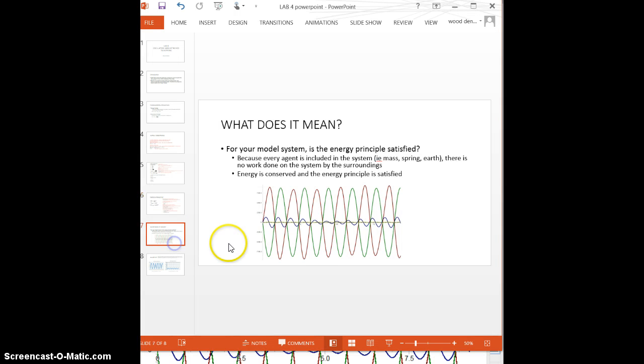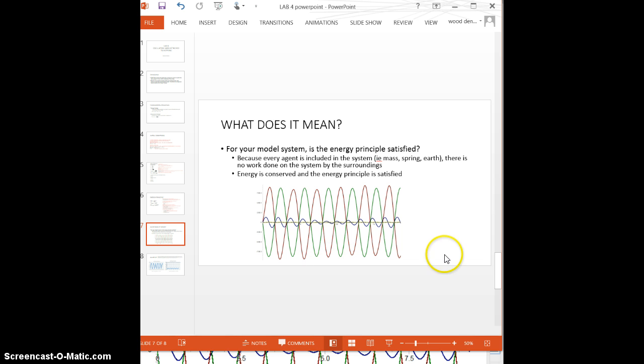If we go to this graph, we can see the blue line closer to the yellow one represents the changes in kinetic energy. The red line represents the changes in the spring's potential energy, and the green line is the gravitational potential energy. The yellow line is the total energy of the system, and in accordance with the energy principle, it is summing to 0.